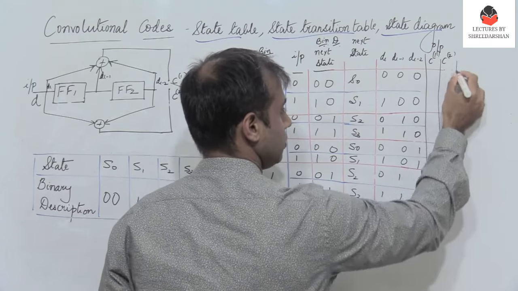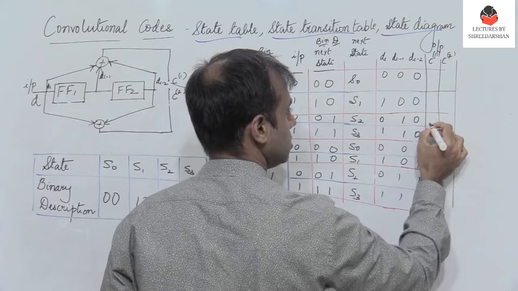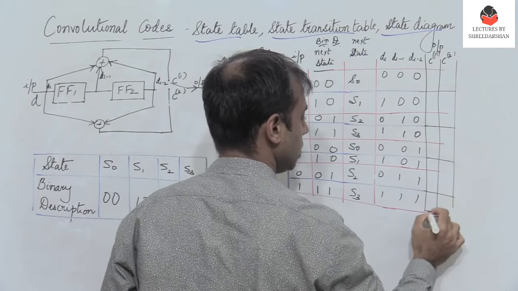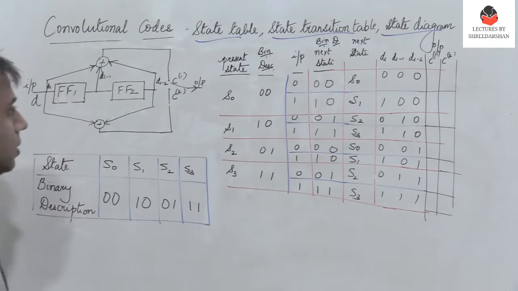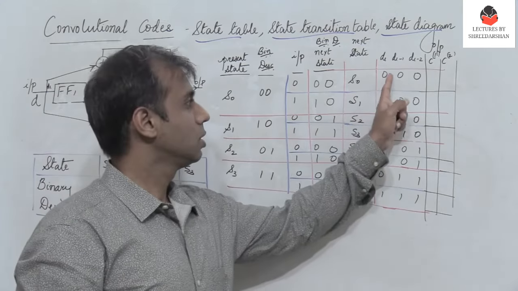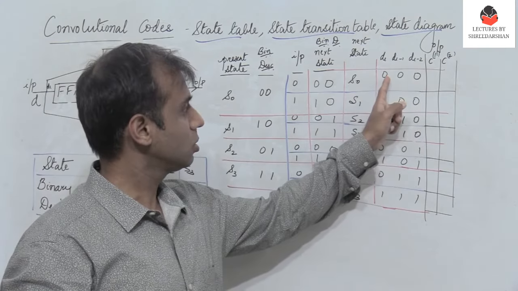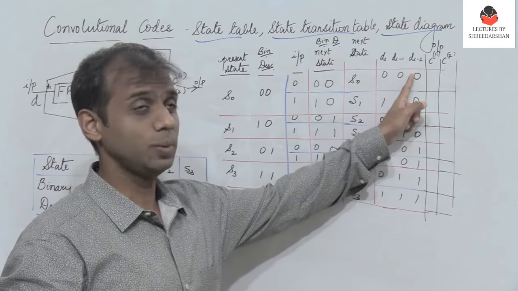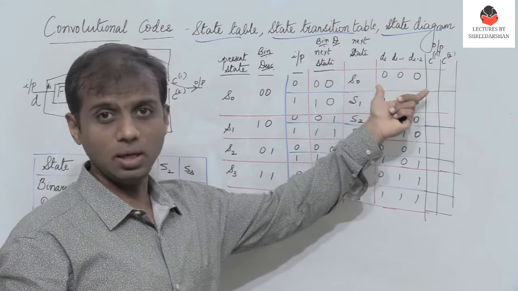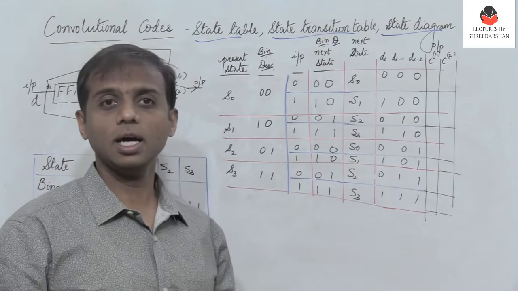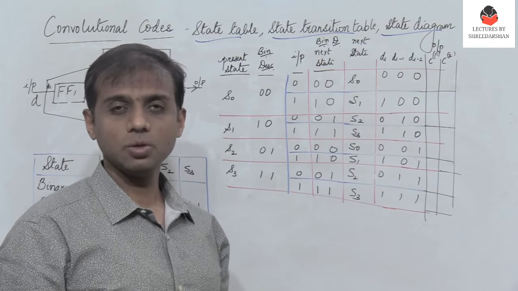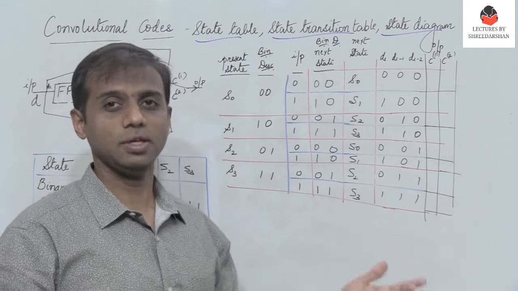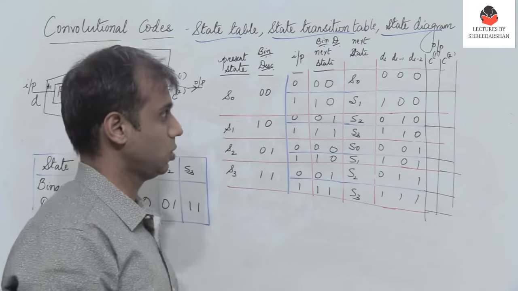Now it is very easy for us to find what C1 and C2 are. C1 is nothing but the modulo 2 addition of these three bits, that is DL XOR DL minus 1 XOR DL minus 2. It's nothing but XORing these three. So if I have an odd number of ones, the output is 1. If I have an even number of ones, the output is 0.